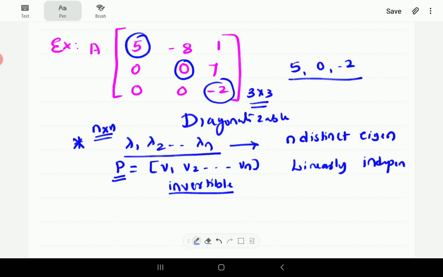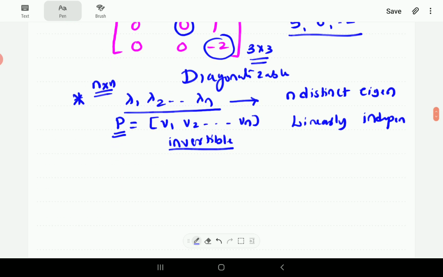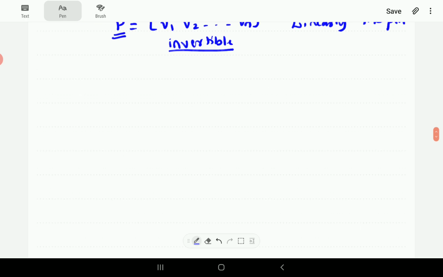Now let us take another example where we will find out whether we can diagonalize or not. Let me take a 2 cross 2 matrix. Let our matrix A be 1 0 6 and negative 1.